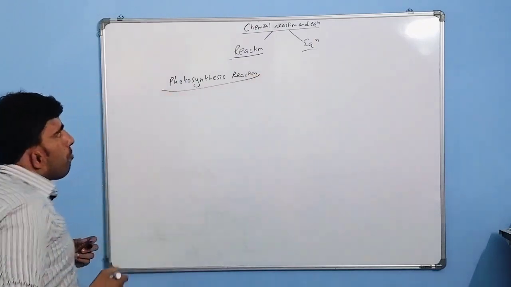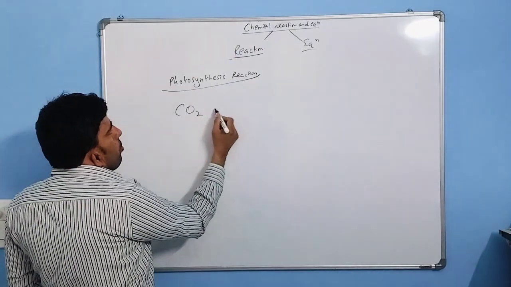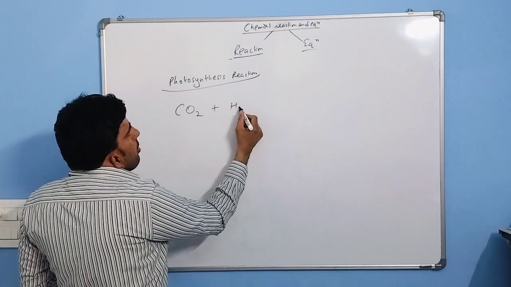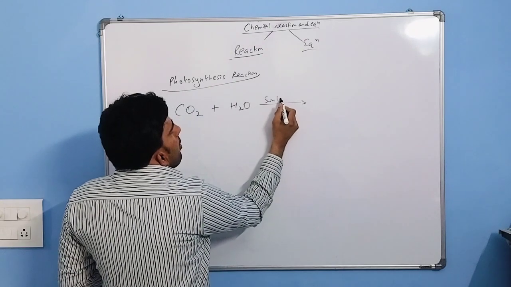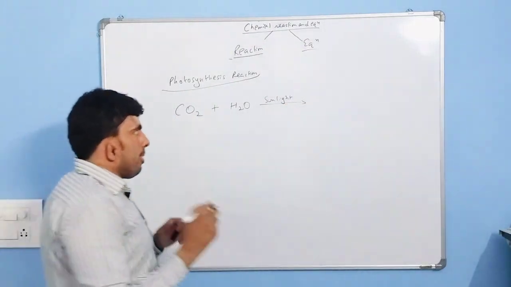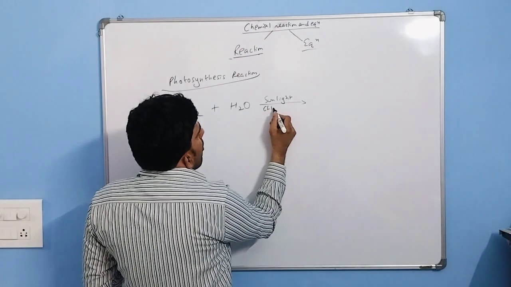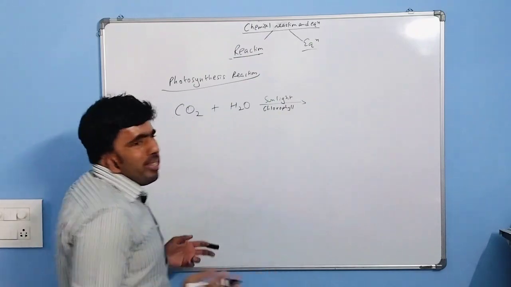In the photosynthesis reaction, plants need CO2 plus water in the presence of sunlight. Plus they need chlorophyll, a green pigment present in plants.